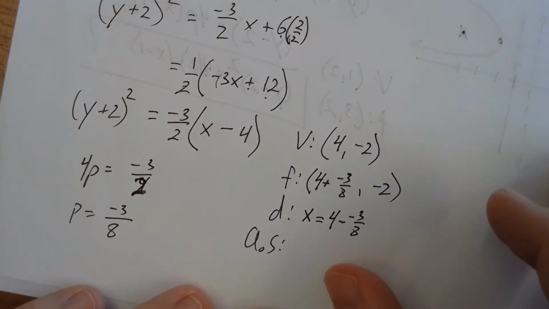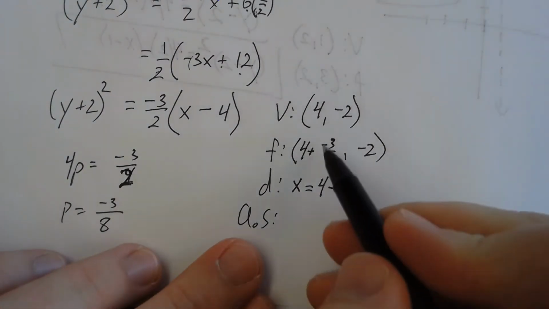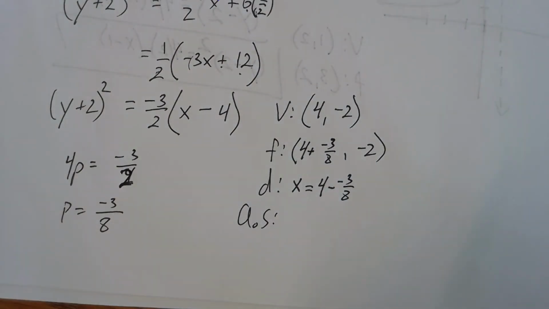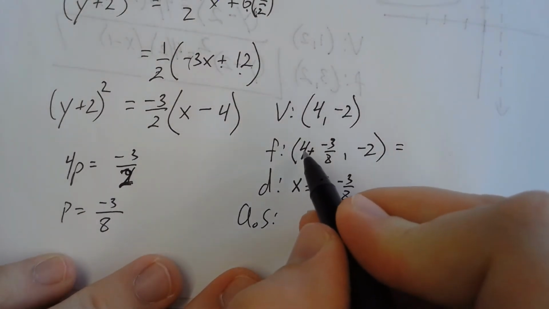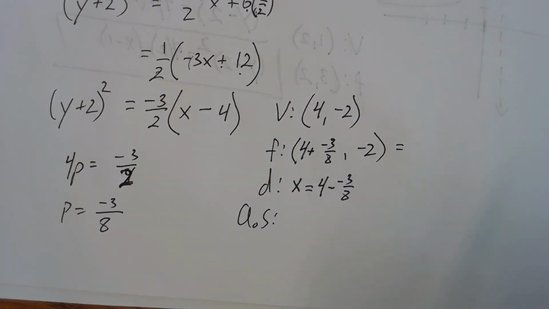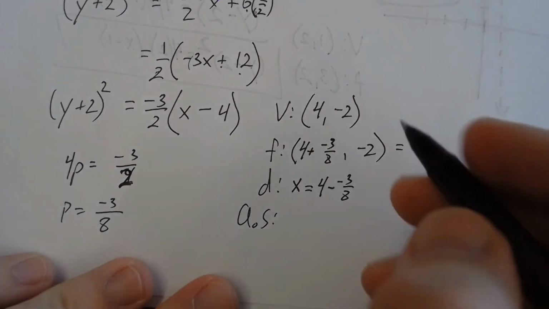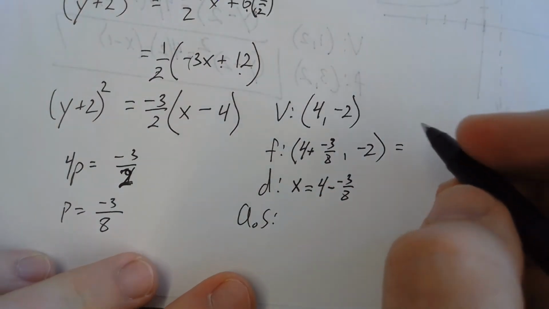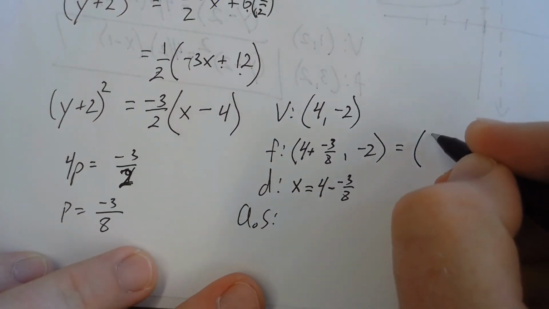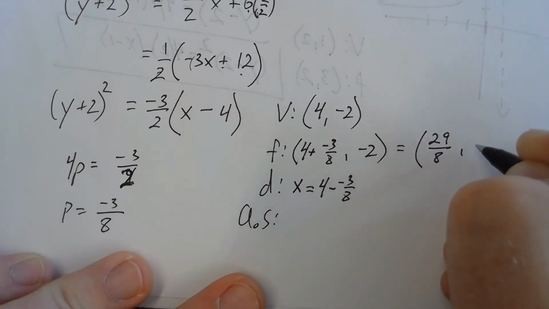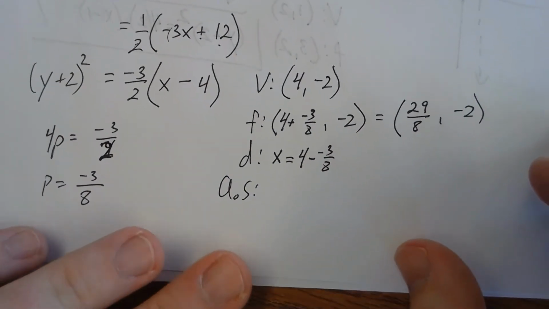In this case, we can solve this outright by finding a common denominator between these two pieces and simplifying. If I'm not mistaken, the common denominator here is 8 times 4, which is 32. 32 minus the minus 3 is going to be 29. So I'm going to have 29 over 8, comma, negative 2 as the focus location.